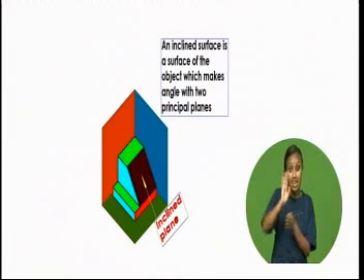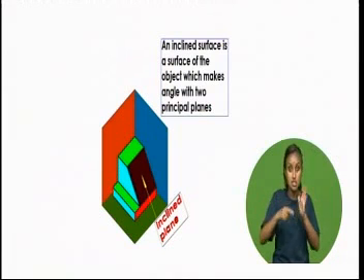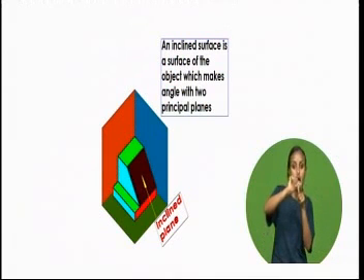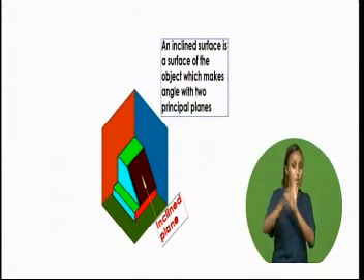It might come to your mind to ask what the difference is between inclined and oblique surfaces. The words inclined and oblique refer to the angle which is made by the object's surface and the principal planes of projection. An inclined surface is a surface of the object which makes an angle with two principal planes.